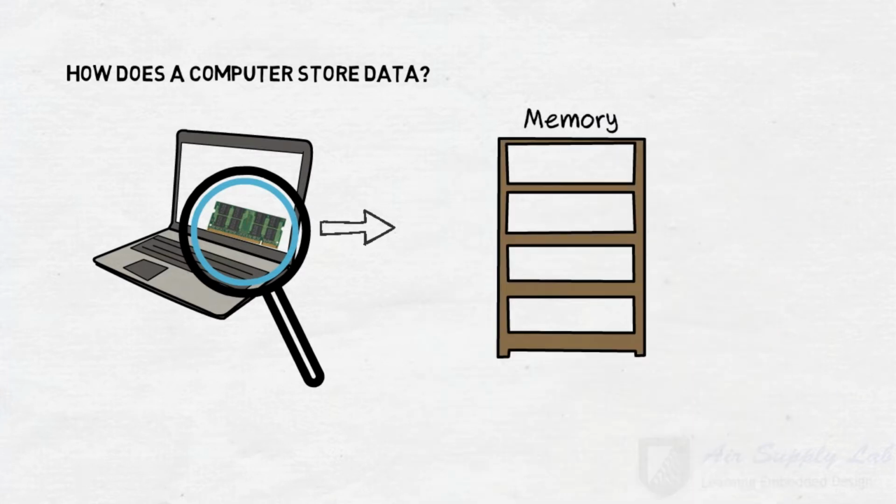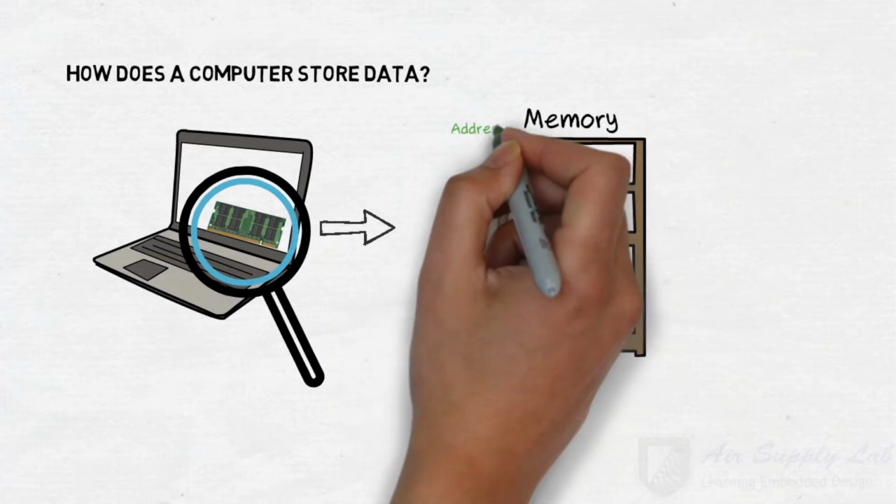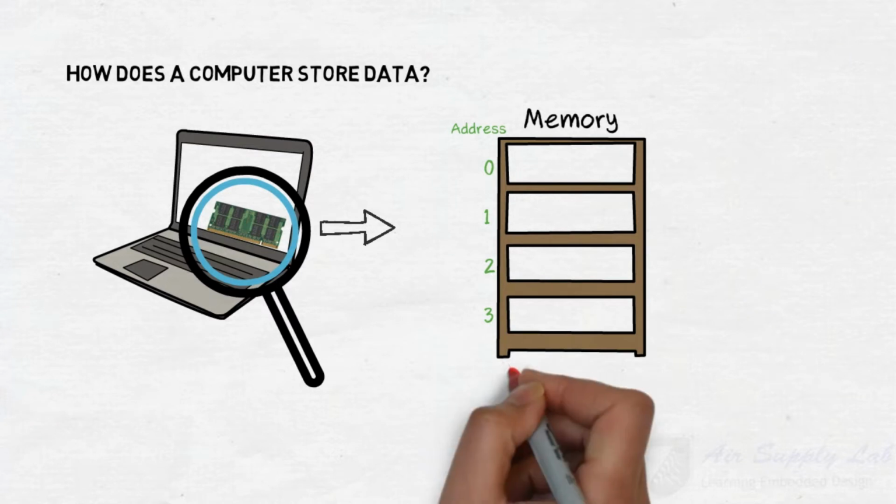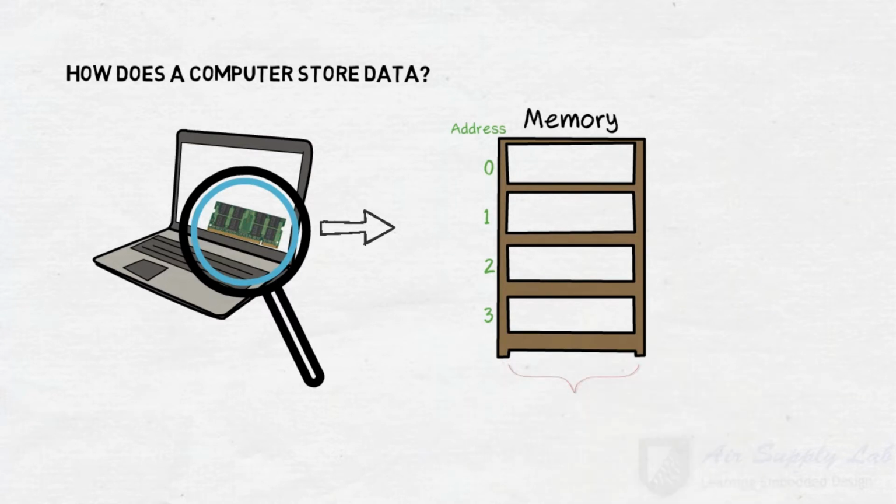Each drawer has its own address, from 0, 1, 2, 3, and so on. And each drawer can only hold one 8-bit binary data. For example, you can store the number 98 to memory.